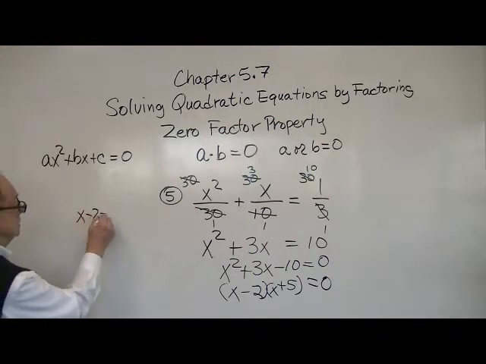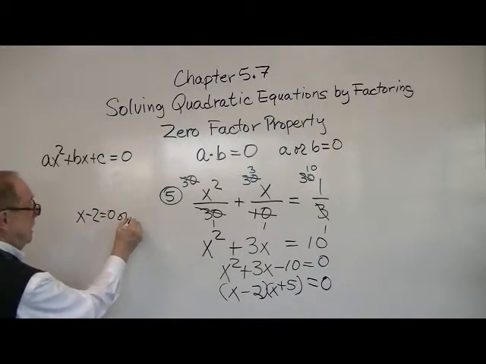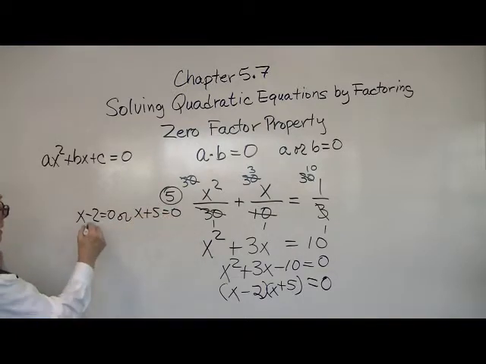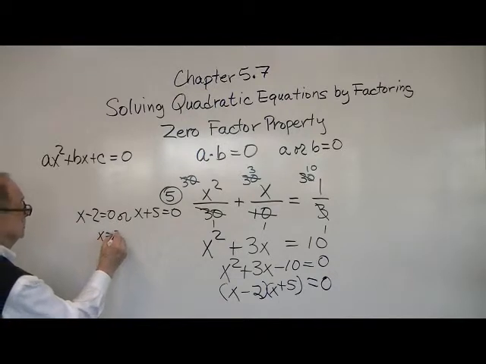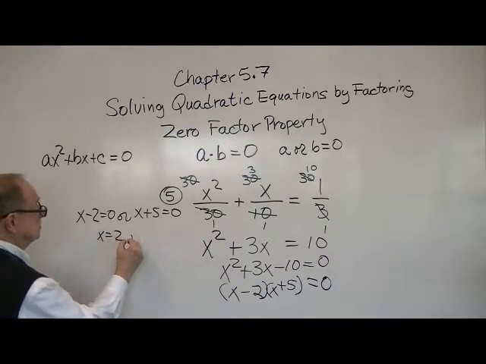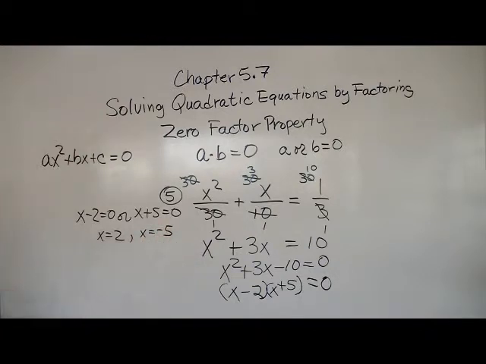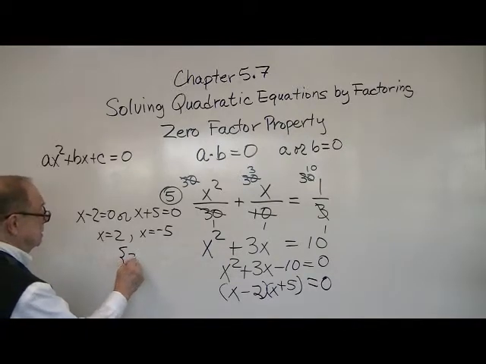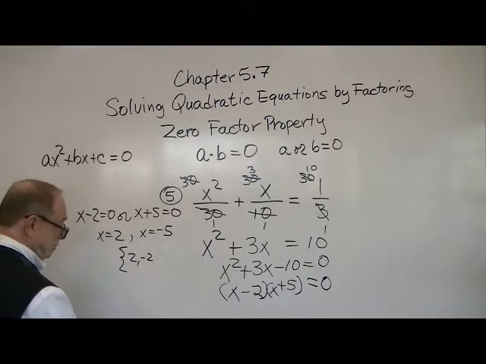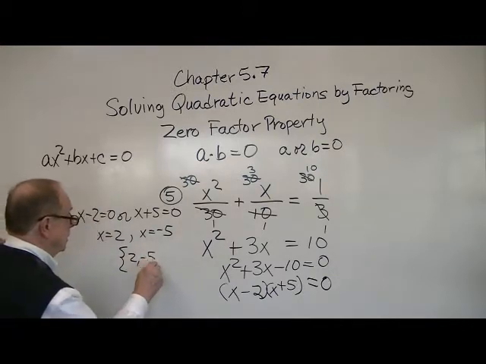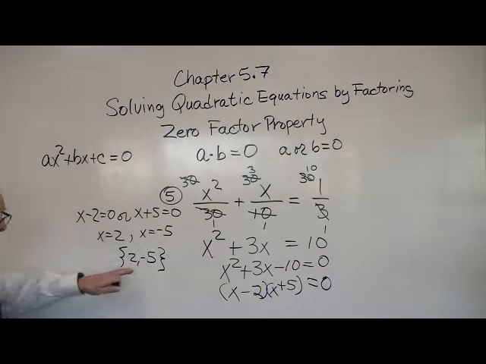X minus 2 equals 0, or x plus 5 equals 0. And then we just transpose. And those are our answers. And we usually put the answer set in something like this. And they'll give that to you in Math Zone.